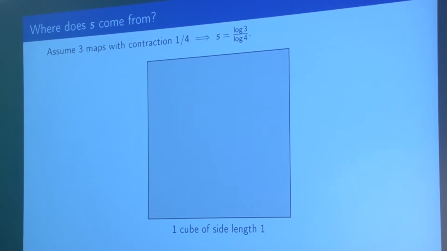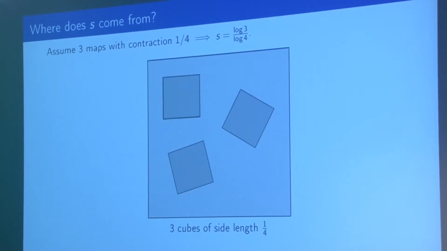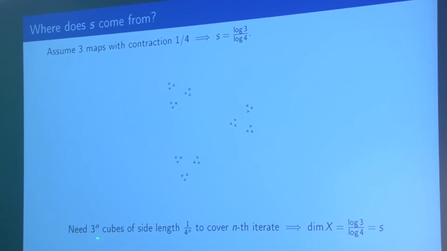Okay, so let me very briefly explain where this number comes from. It's just counting. So you assume that you have 3 maps and they contract by a quarter. So in the first generation, you have 3 cubes of side length 1/4, and in the second, you have 9 cubes of side length 1/16, and so on. At generation n, you have 3 to the n cubes of side length 1/4 to the n.